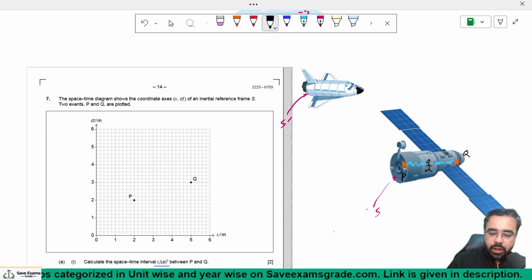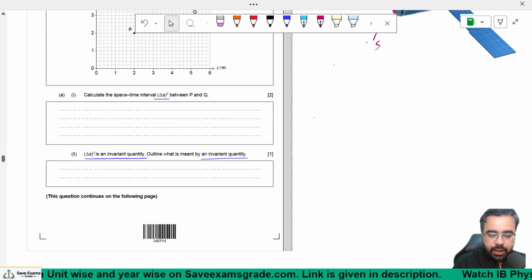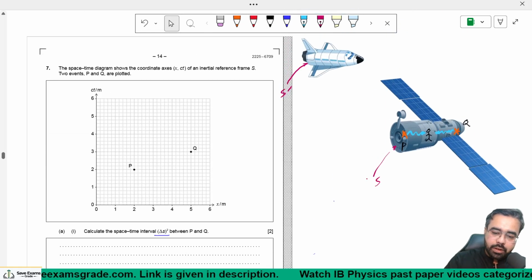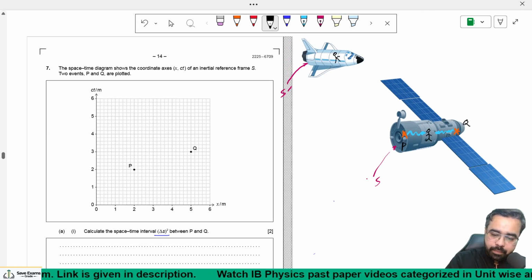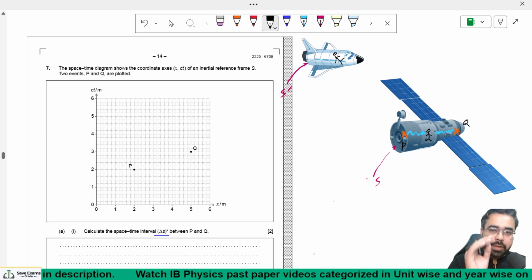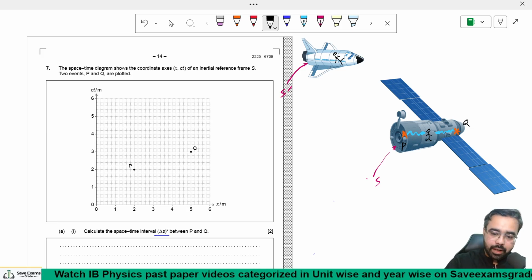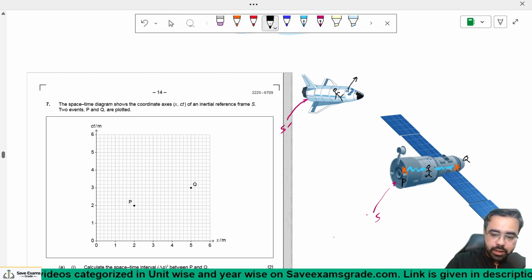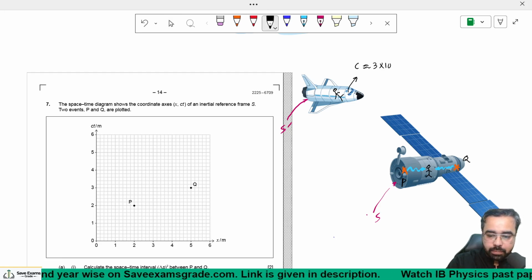Now what is the meaning of the invariant quantity? It means that when an observer in the spaceship will measure the speed of light according to the S frame of reference, the speed of light will be approximately 3 multiplied by 10 to the power 8 meter per second, right?